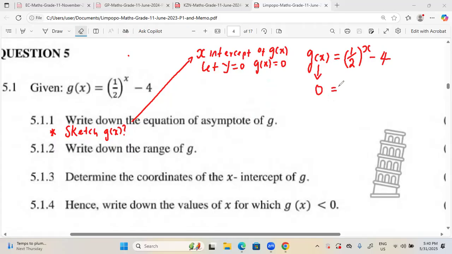Guys, you need to know that 1 over 2 can be written as 2 to the exponent negative 1. So this 1 over 2 is 2 to the exponent negative 1. So I'm saying 0 equals 2 to the exponent negative x, which is negative 1 times x, minus 4.